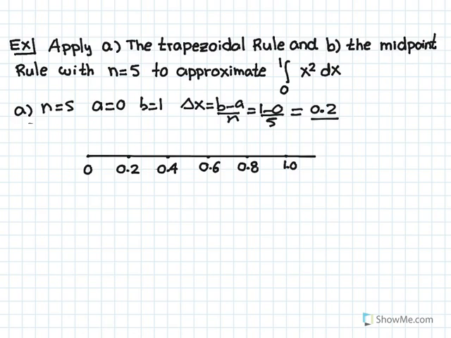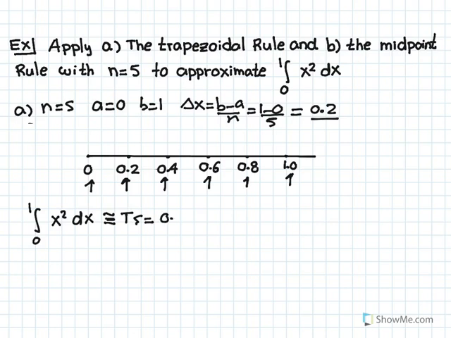Basically, we know we're going to put 2 in front of all of these, 2 times the functional value, evaluated at these x values, and a 1 here and a 1 here. So very easy to do. The integral from 0 to 1 of x squared dx is approximated by the trapezoidal rule, T5.